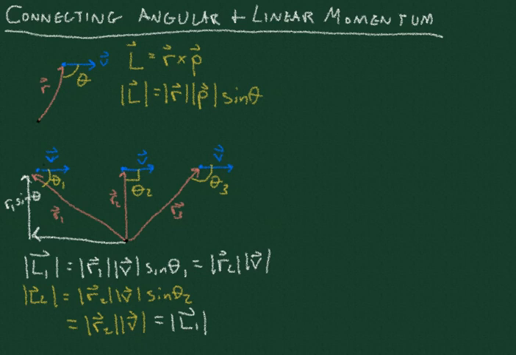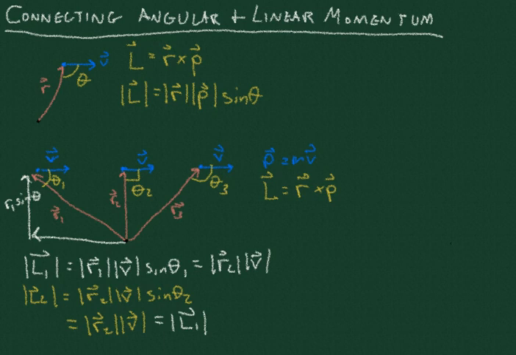So in this case, momentum p equal to mv is conserved, and angular momentum, which is r cross p, is also conserved. In fact, it's basically the same thing, right? It's momentum.